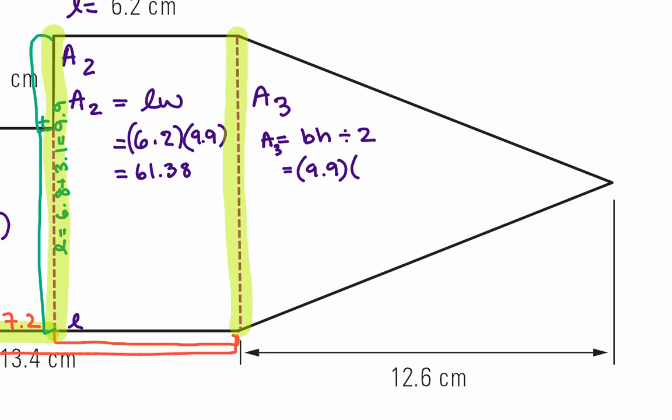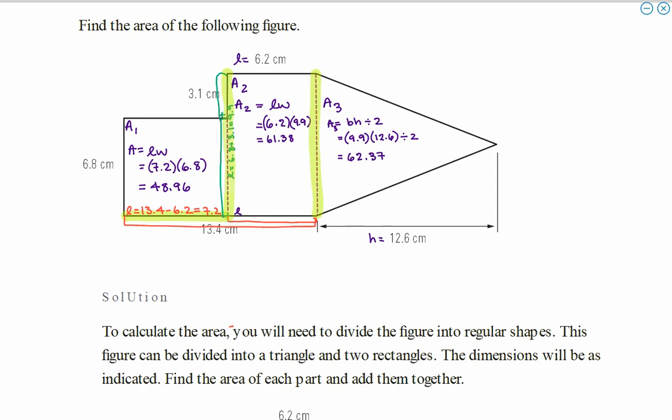What is my height? Yes, my height is 12.6. And then, Dennis, what do I want to do with that? Multiply and then divide by 2. So 9.9 times 12.6 divided by 2 will give us 62.37.